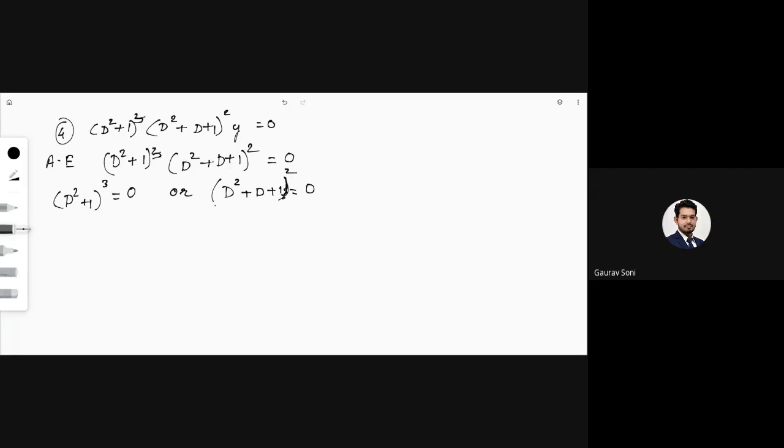Now, what do I mean by d square plus 1 cube? It means that for d square plus 1 equal to 0, the roots that come will be repeated 3 times. Now what are the roots of d square plus 1 equal to 0?